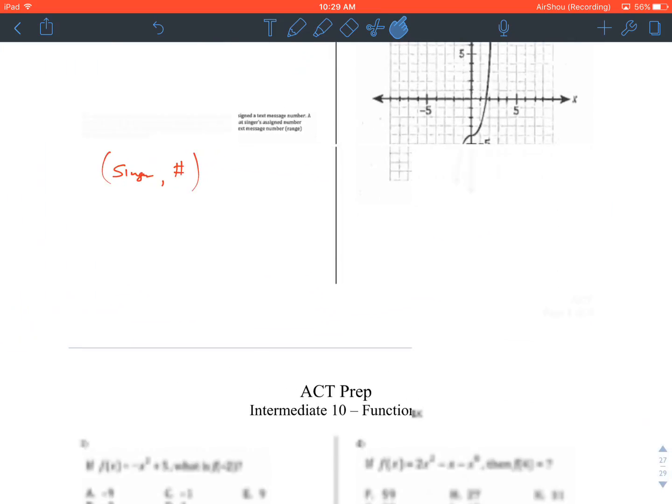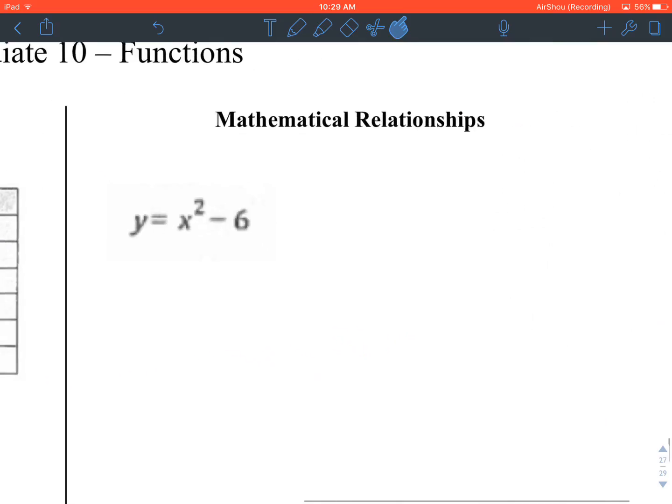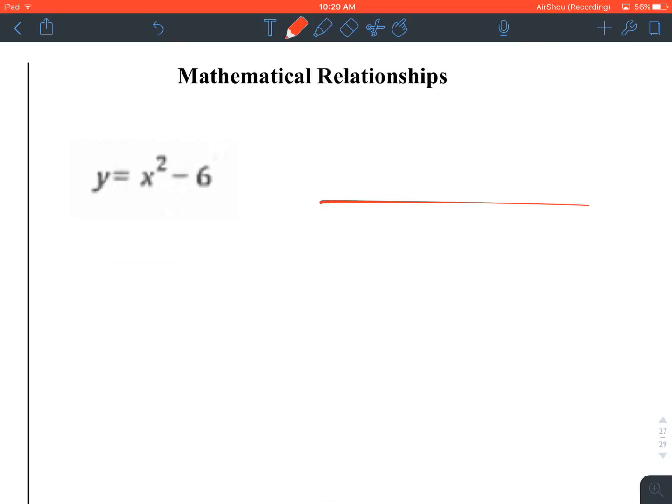Alright, so let's do a real example. Mathematical relationships. It's not a real example, just more explaining, I guess. So this shows the relationship between x and y. Any number that you put in for x, to get the y value, you have to square x, multiply it by itself, and then subtract 6, for example.